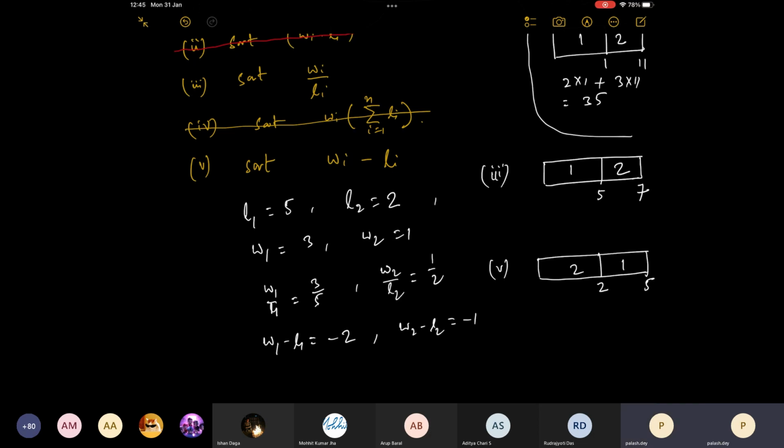If the objective functions are the same, then this is not an example to discard some approach. So what is the objective function here? W1 is 3 times 5, 15, plus W2 is 1 times 7. This is 22. And what is this? For the second job, W2 is 1, so this is 2 plus, this is not 5, this is 7.